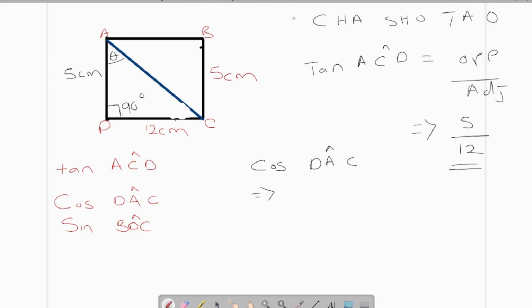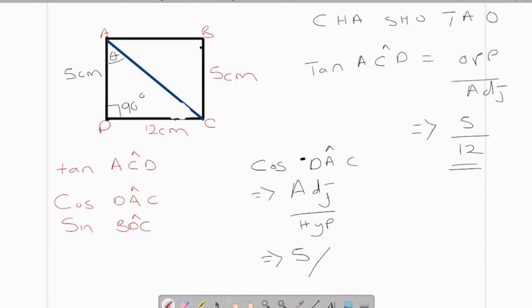From our abbreviation, cos is equal to adjacent over hypotenuse. Our adjacent here is the side with two marked angles, which is 5. And our hypotenuse is AC.